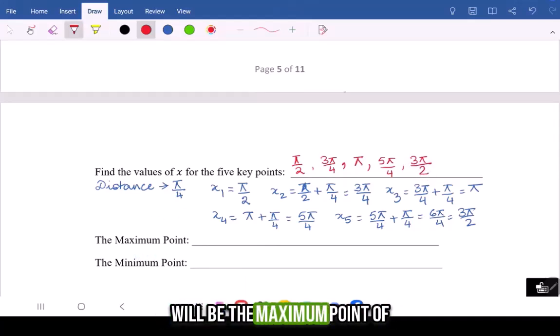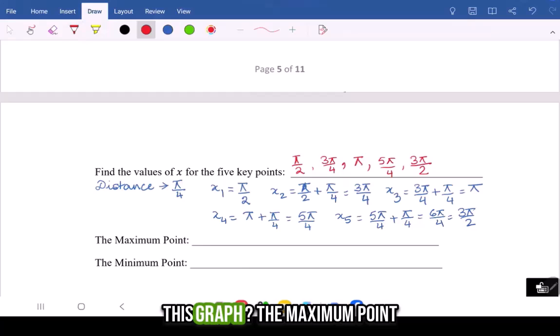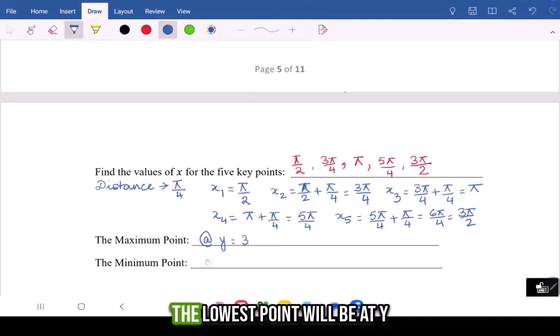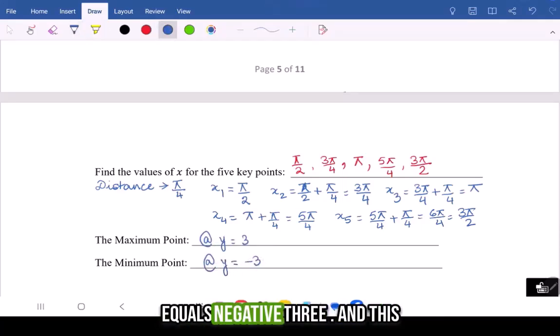What will be the maximum point of this graph? The maximum point will be determined by the value of a. So a was 3, therefore the highest point of the graph will be at y equals 3, and the lowest point will be at y equals negative 3. And this is because we do not have a vertical shift in the graph.